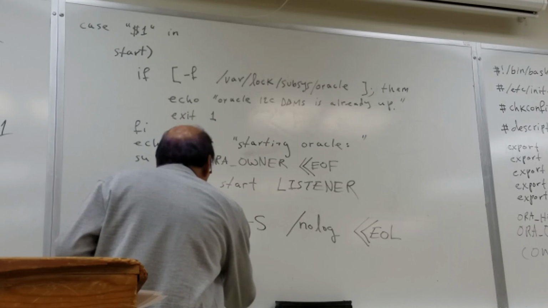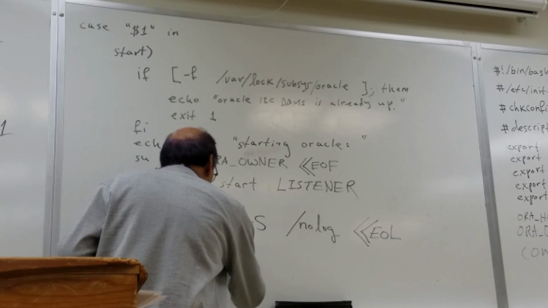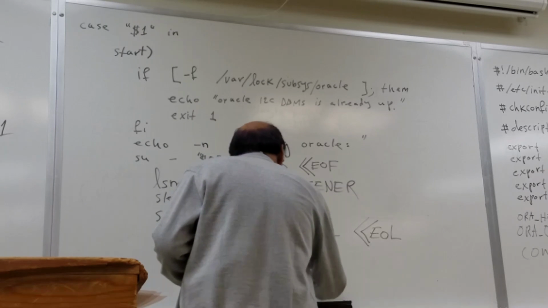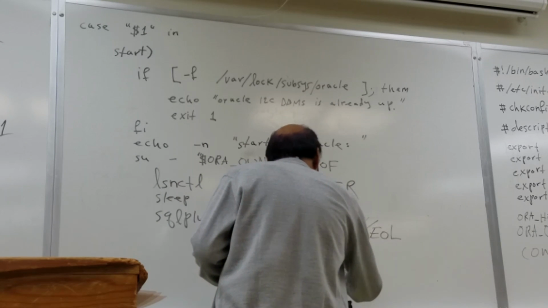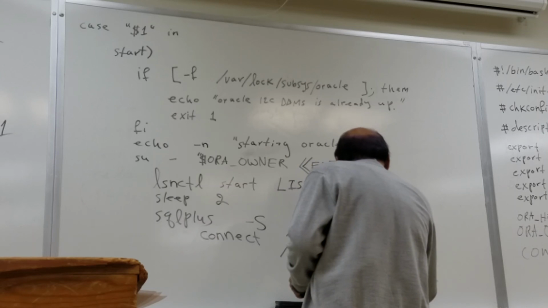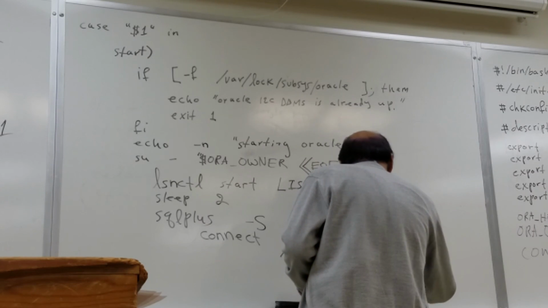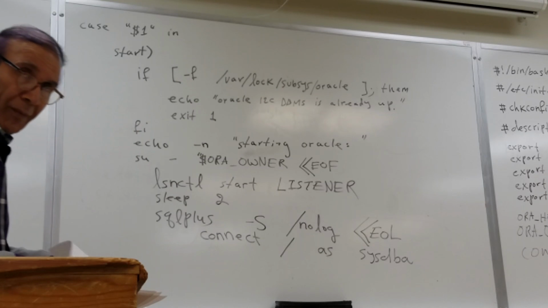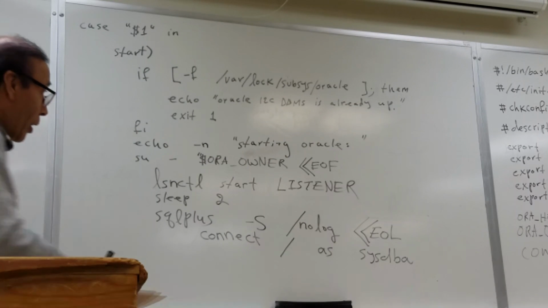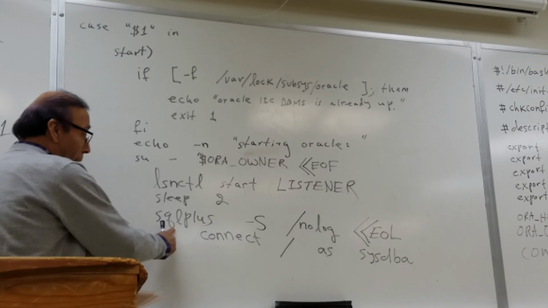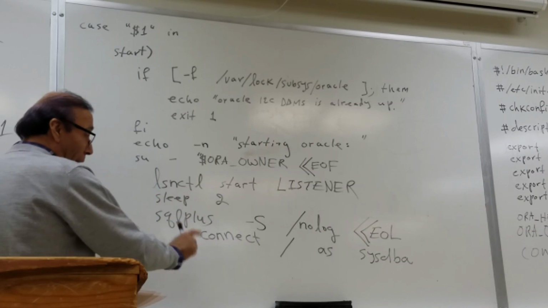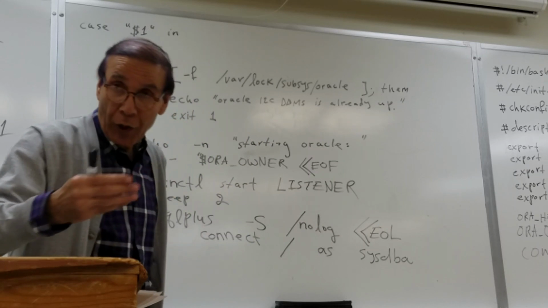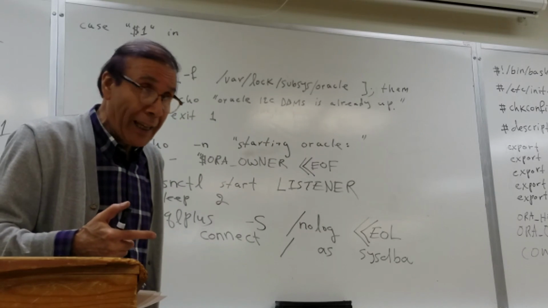Now we're going to connect slash as sysdba. We're just bringing up SQL Plus without any connection, and actually we're connecting as sysdba, because we cannot log in as system manager.